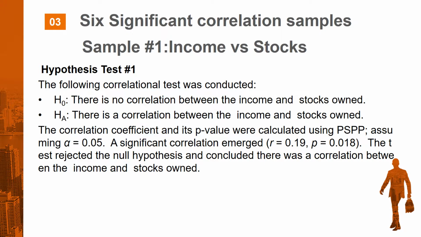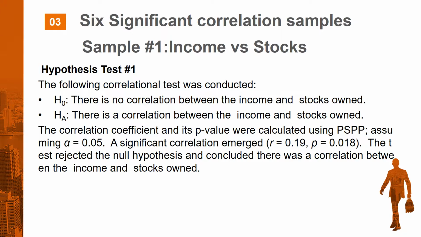We'll start here with the third segment as per our agenda, which is the discussion based on the first sample, income versus stocks. Our hypothesis test number one will focus on this correlational test between income and stocks.